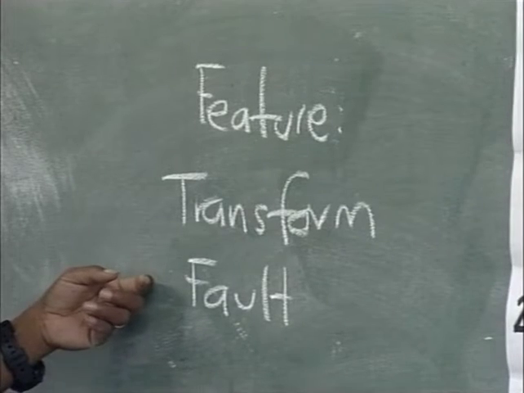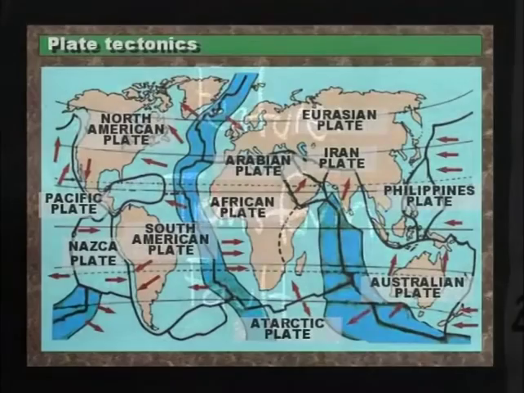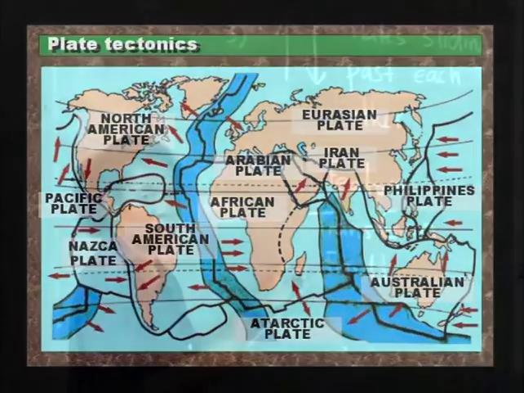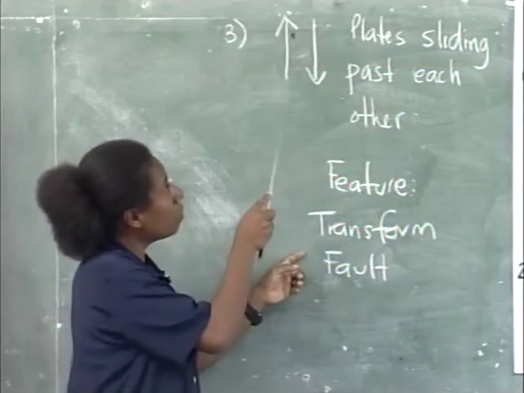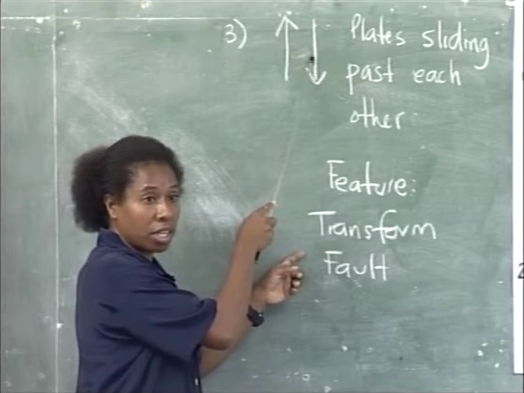It's a transform fault. And that is formed as a result of one plate, the Pacific plate, moving towards the north along that area, the American plate moving down towards the south perhaps, and then where they are sliding past each other, this feature is actually formed. Again, don't forget, where there are plate boundaries, volcanoes are common and also earthquakes are common.